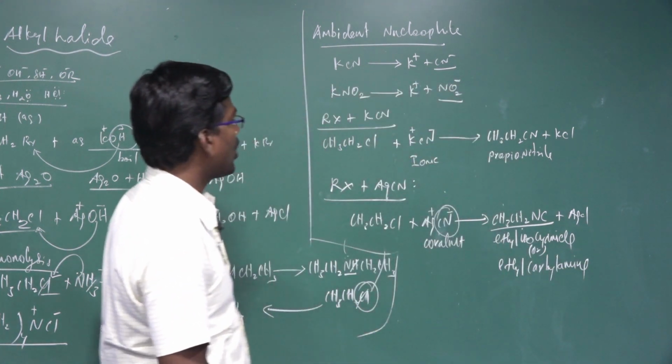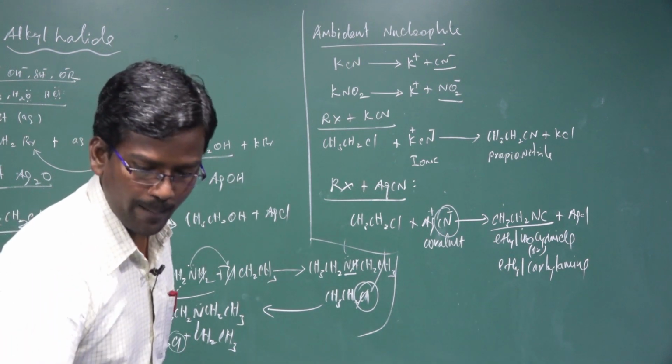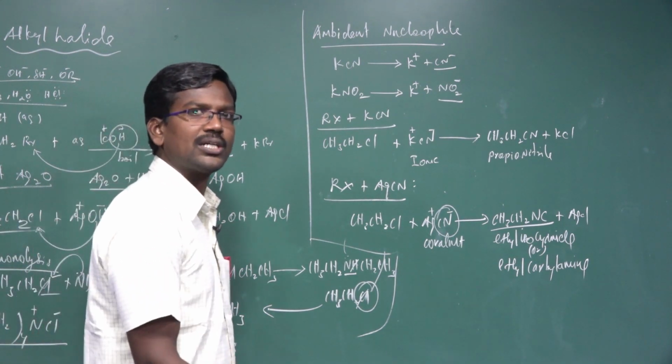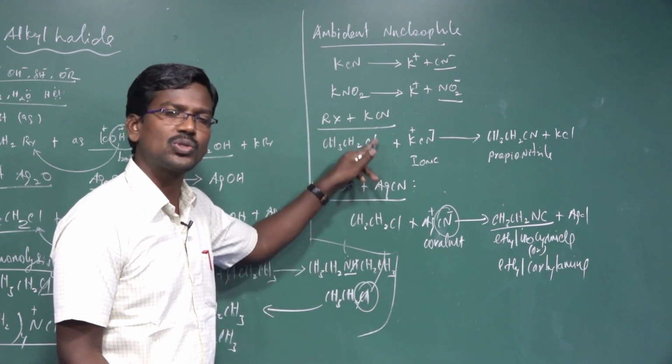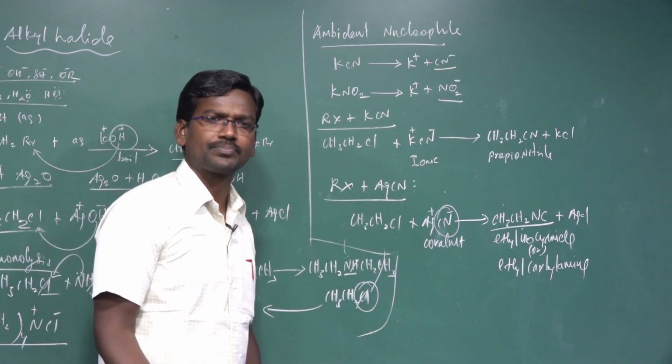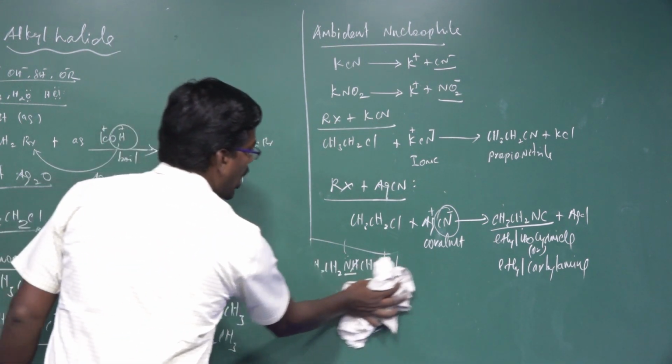It is an example of an ambident nucleophilic reaction. So one is potassium cyanide and one is silver cyanide. Two reactions are there.